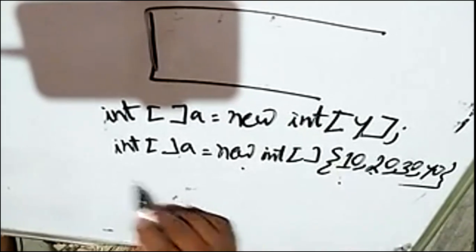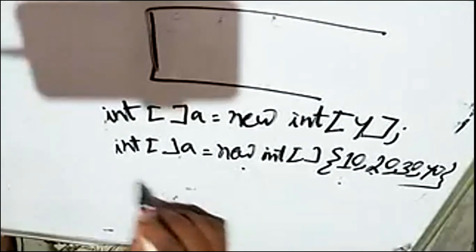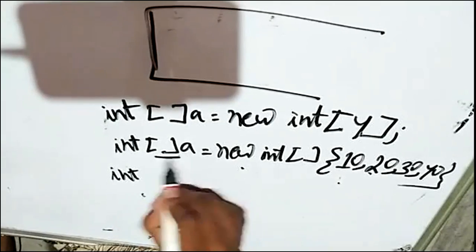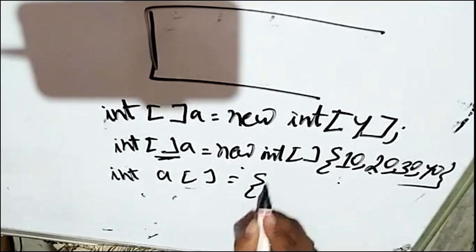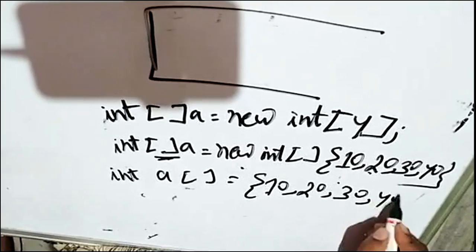Next point is what? Another way we can define this: in the bracket, you can pass here also 10, 20, 30, and 40.